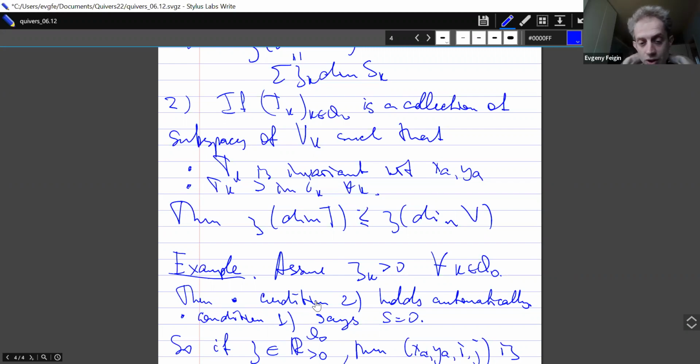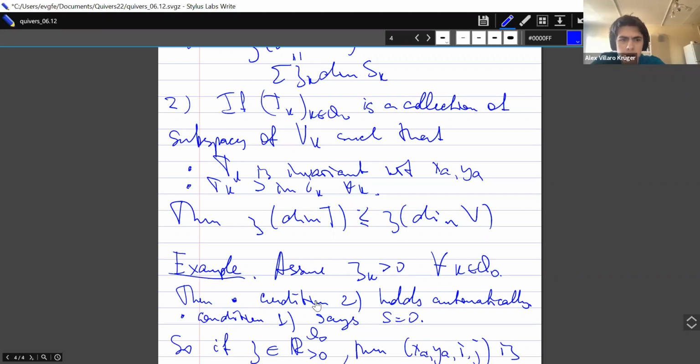Indeed. So the condition that psi of dimension t is less or equal to psi of dimension v, when does it hold? If psi is strictly negative, when t is equal to v.